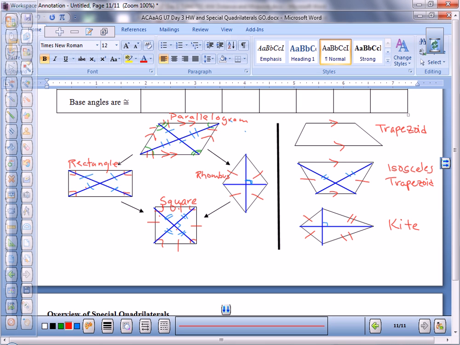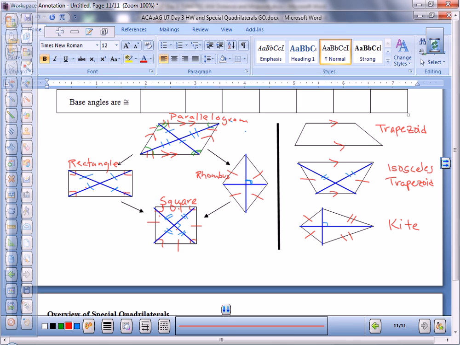But in addition to that, the rectangle has 4 right angles. So all of this is true plus 4 right angles. And where the diagonals intersect, it bisects those diagonals into 4 congruent parts.